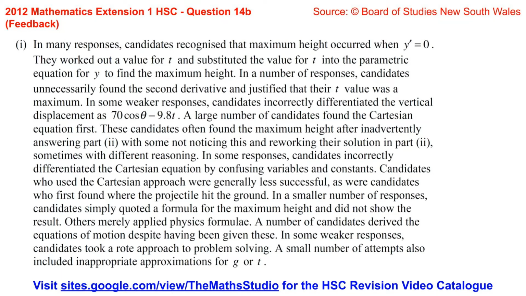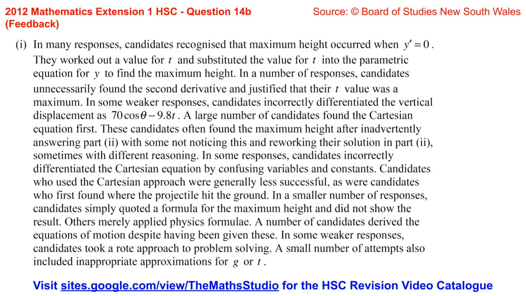The following is the feedback from the Marking Centre for question 14b. For part 1, in many responses, candidates recognise that maximum height occurred when y' equals 0. They worked out a value for t and substituted the value for t into the parametric equation for y to find the maximum height. In a number of responses, candidates unnecessarily found the second derivative and justified that their t value was a maximum.